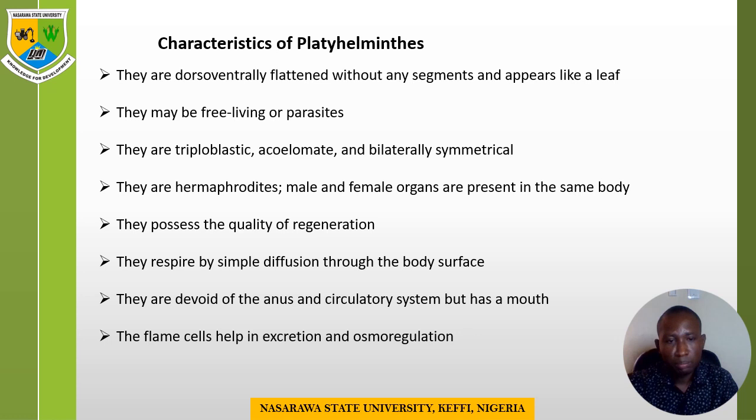Triploblastic means that they have three layers of tissues, which are ectoderm, mesoderm, and endoderm. Acoelomate means that they lack a body cavity, and bilaterally symmetrical means that a line of symmetry runs through the central part of the organism, dividing the lateral sides into equal parts.